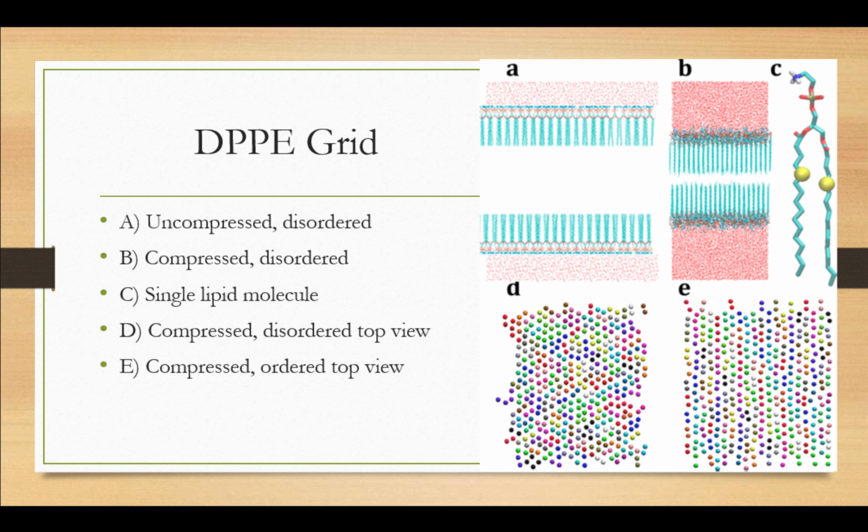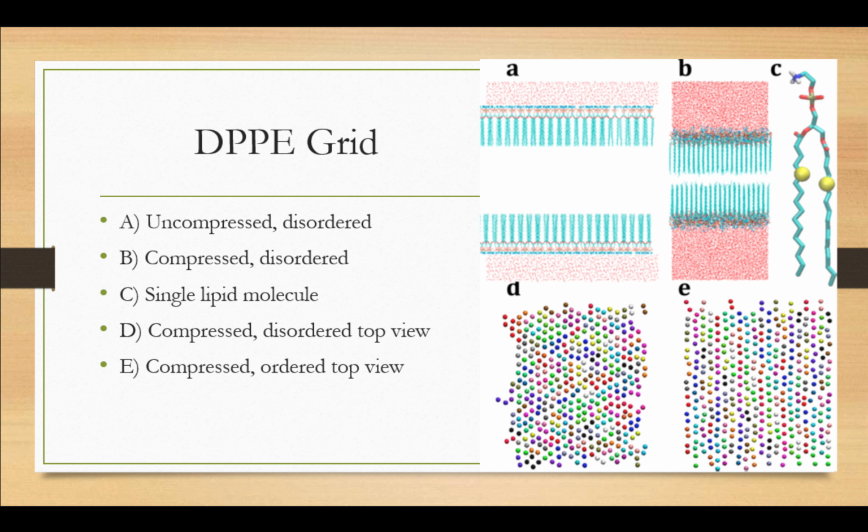When they compressed them, though, the Z dimension of the grid was fixed, and the X and Y dimensions were allowed to react to that compression. This allowed the lipids to become closely packed, though they don't show much tilt to the lipid tails. This represents the compressed but still disordered structure. Figure C is the image of a single lipid molecule.